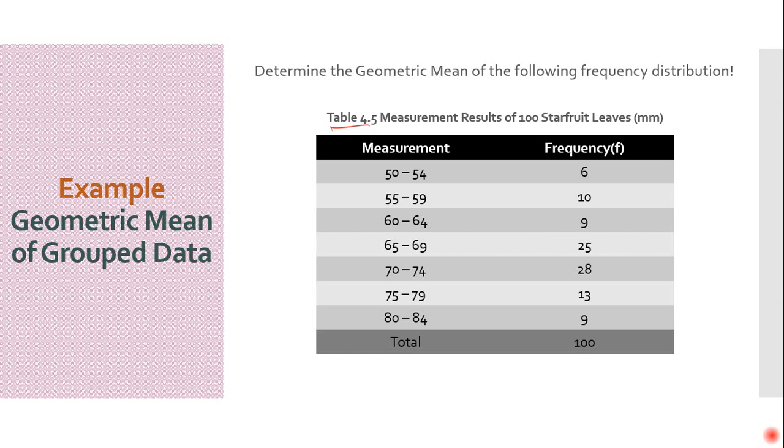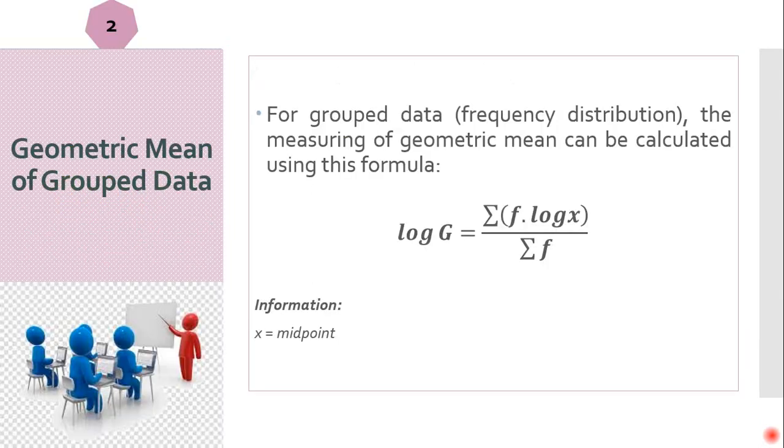In order to calculate the geometric mean of that table, we have to find the midpoint, then the log x, and the last one is f log x, and add up all so we can get the sigma.